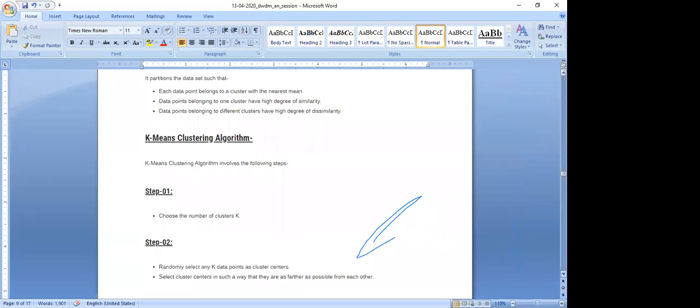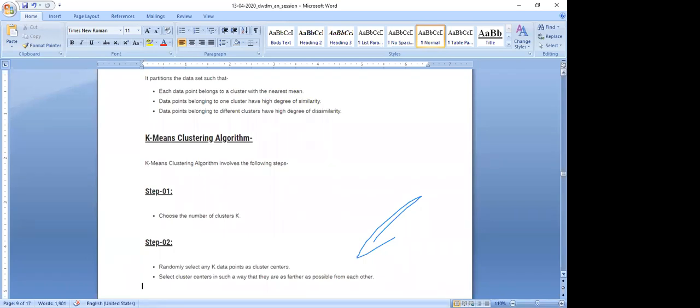Step 2. Now we have assumed the 3 clusters. We have to select the cluster centroids or means; they won't give them to us. First, we have to select the cluster centers. It is not the actual correct center point, but we select some data points as the centers. Since I am taking 3 clusters, I select 3 data points.